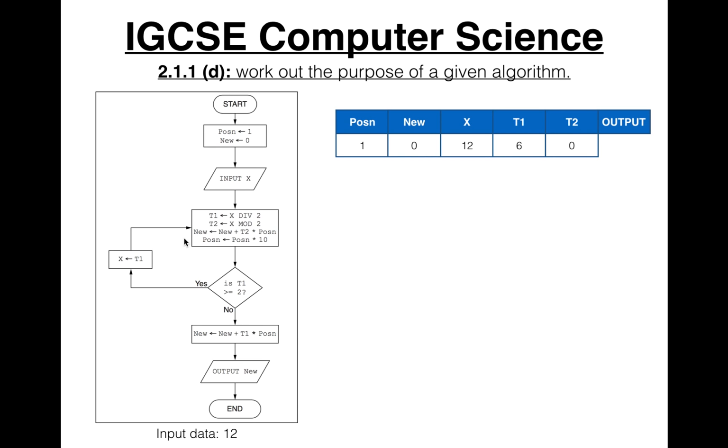Next we have new equals new plus t2 times position. Be careful here, because it says new plus t2 times position, and remember that we multiply first and then add. So t2 times position is 0, and new is 0, so the value will be 0. Now hang on a second. You might be wondering, didn't you say that we record the result in the trace table whenever the value changed?